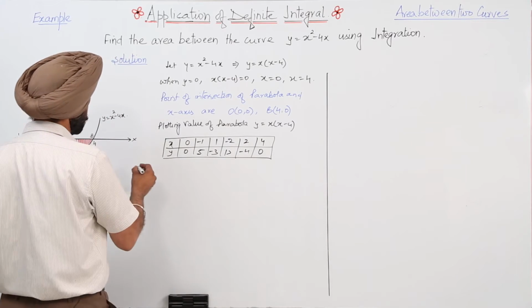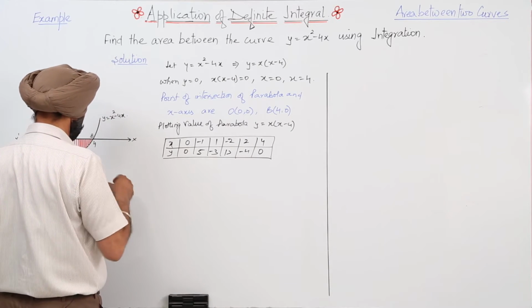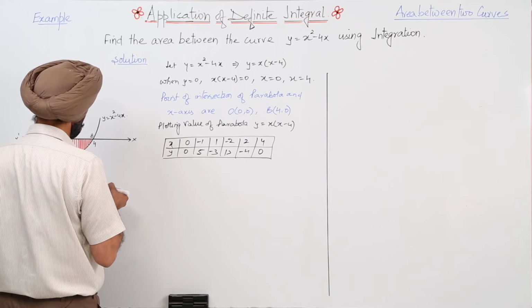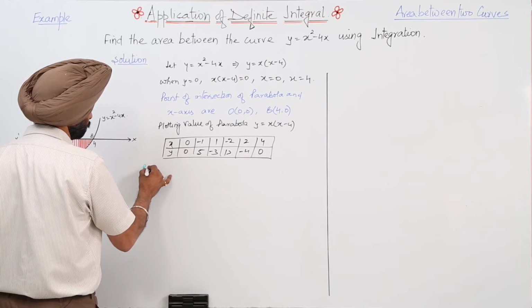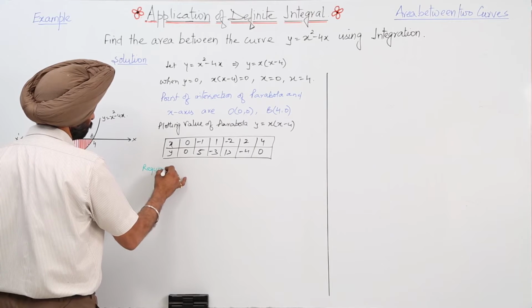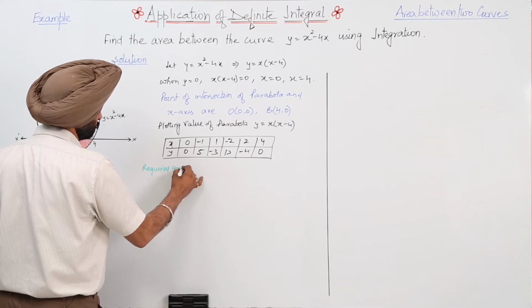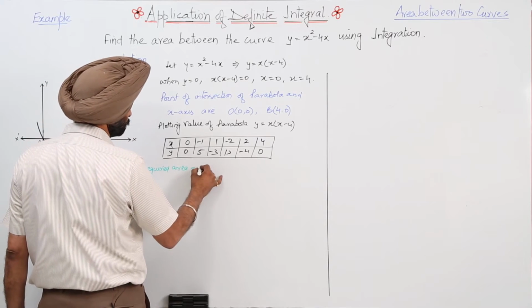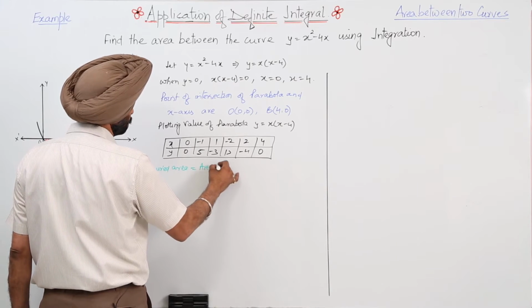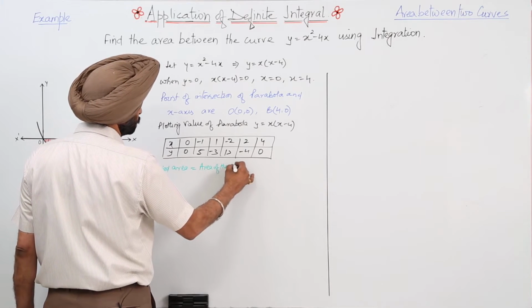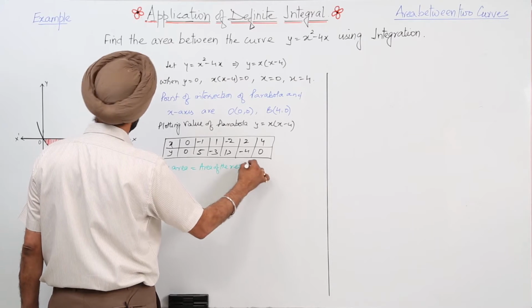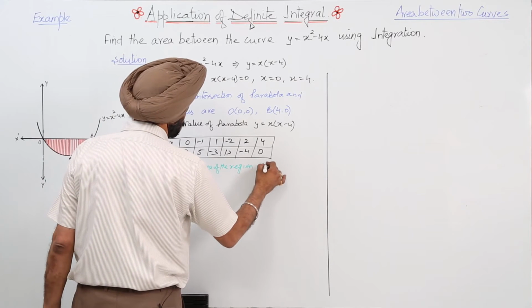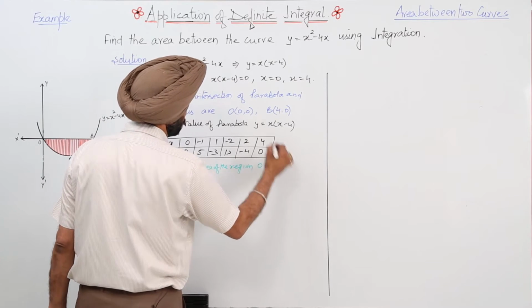Now the required area is equal to the area of the region OABO.